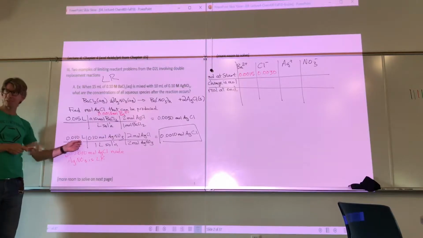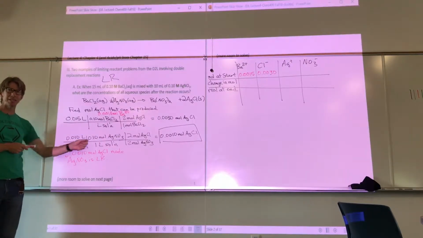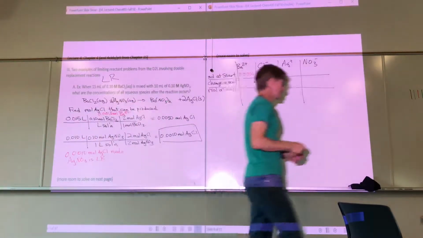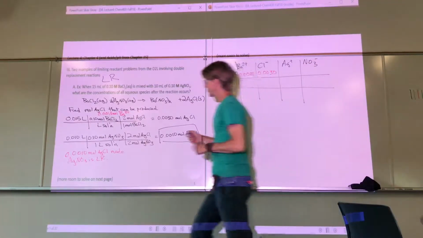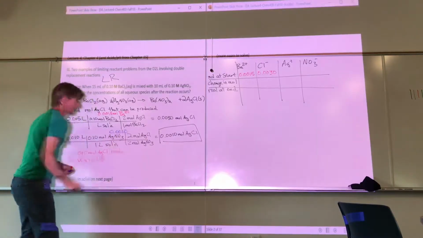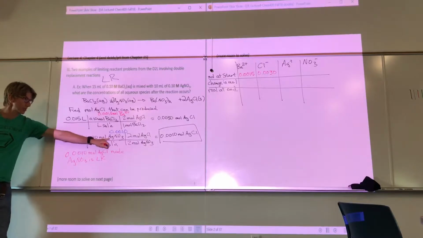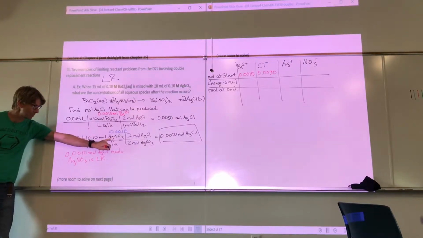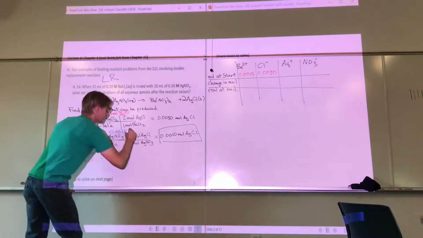Well, now we'll do silver and nitrate here. So the math is pretty easy. I like math with all ones. And I'll do these two in blue, although I can't promise I'm going to keep my color scheme. So it's just 0.0010 moles of silver nitrate, and the same moles of silver ion, and the same moles of nitrate.